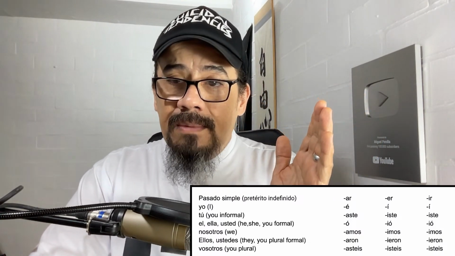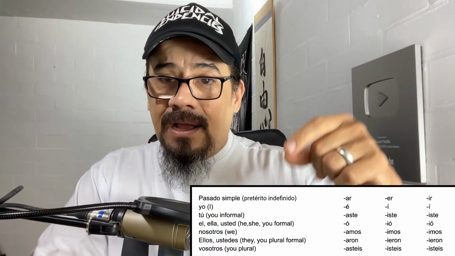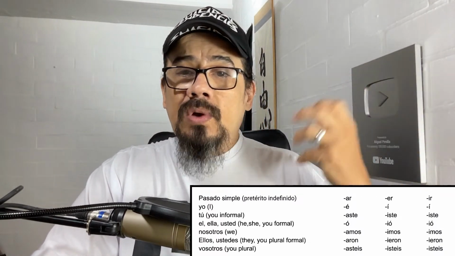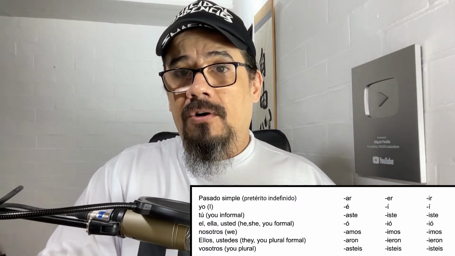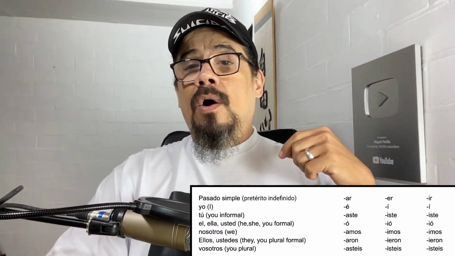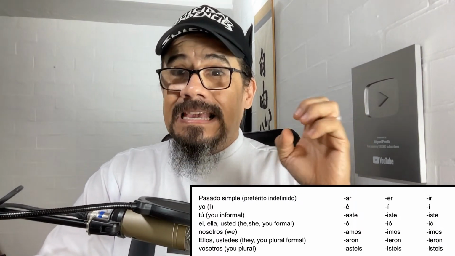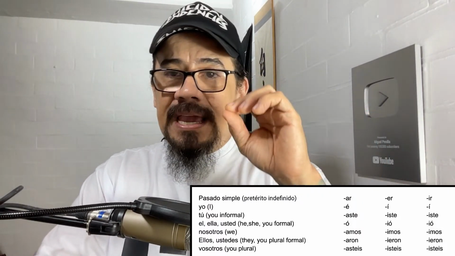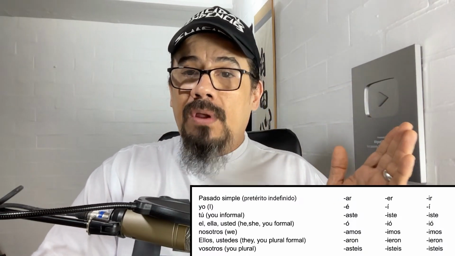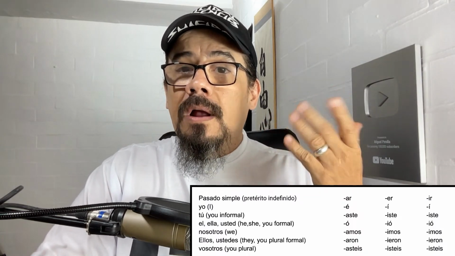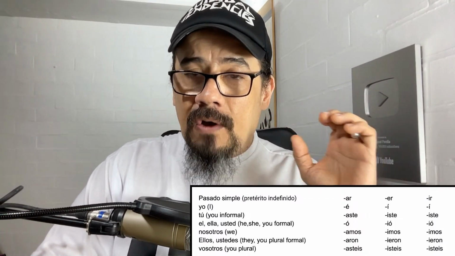If we remove the ar, er, ir ending of the verb in its infinitive form, we're going to have the root of the verb. In the case of jugar, if we remove the R, we keep jug. And that's the root of the verb.